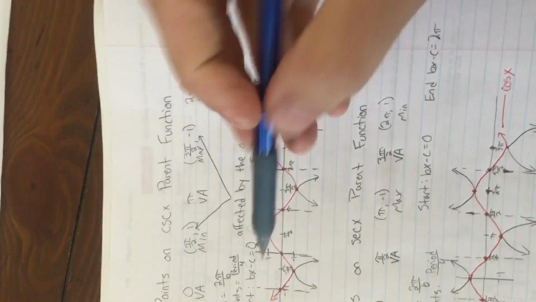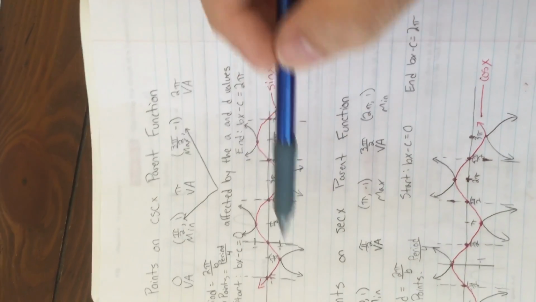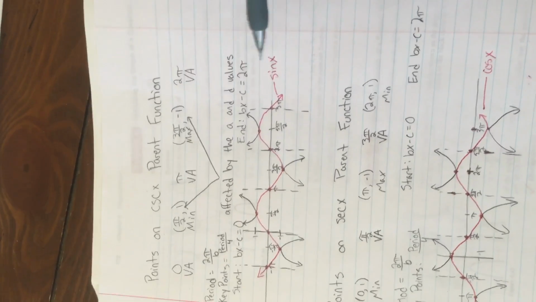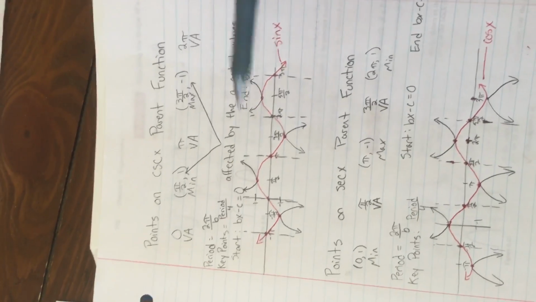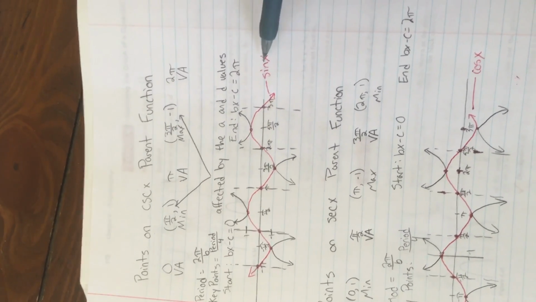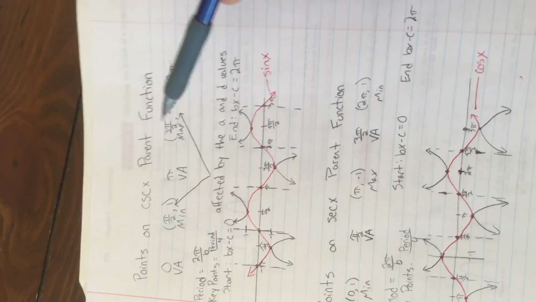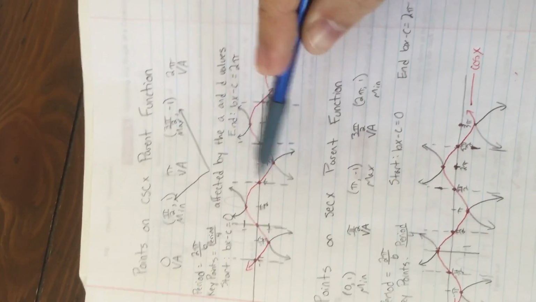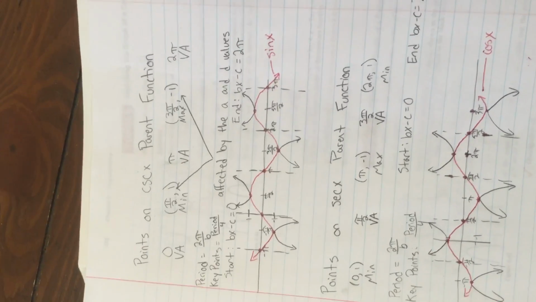Another way you can come up with this graph is you can see here how I drew the sine graph. Okay. This in red here is just our regular parent function of the sine curve. Every time that it goes through the axis, so basically every time sine of x equals 0, because cosecant is 1 over sine, that's where we are going to have these asymptotes, because 1 over 0 gives you a vertical asymptote.